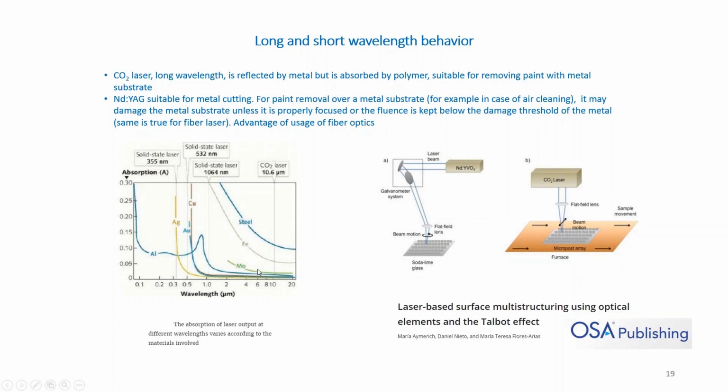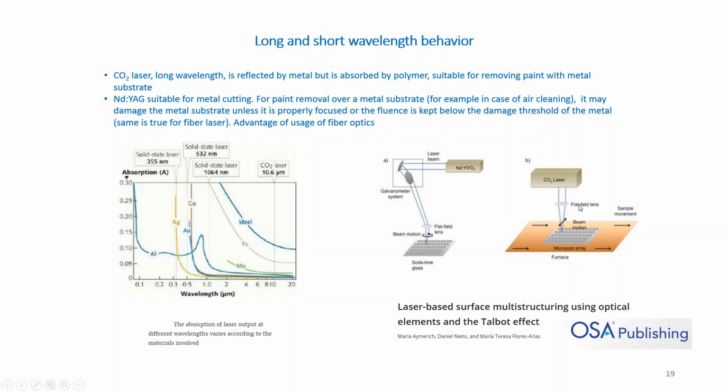So that's telling us that using a near IR for aluminum may damage the underlying surface, the substrate. So one has to be careful. But there's still usefulness in using near IR because you can control the parameters properly, and you can also use fiber optics.